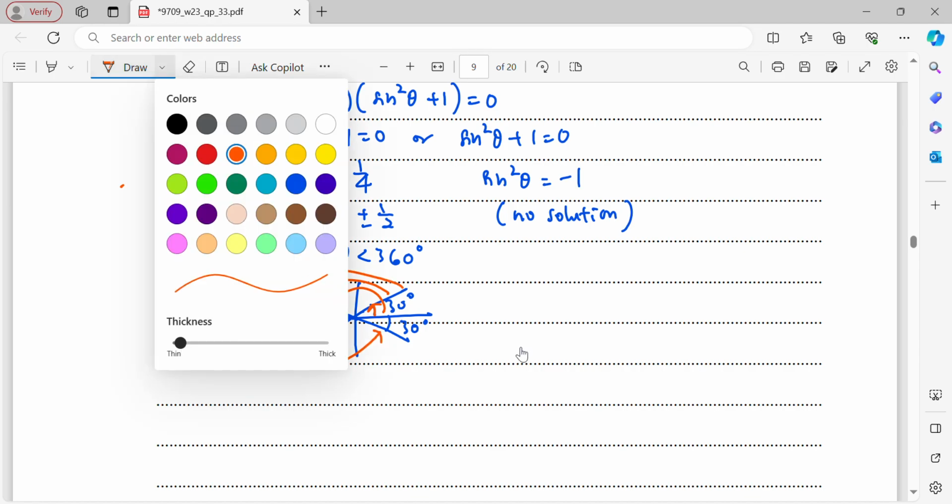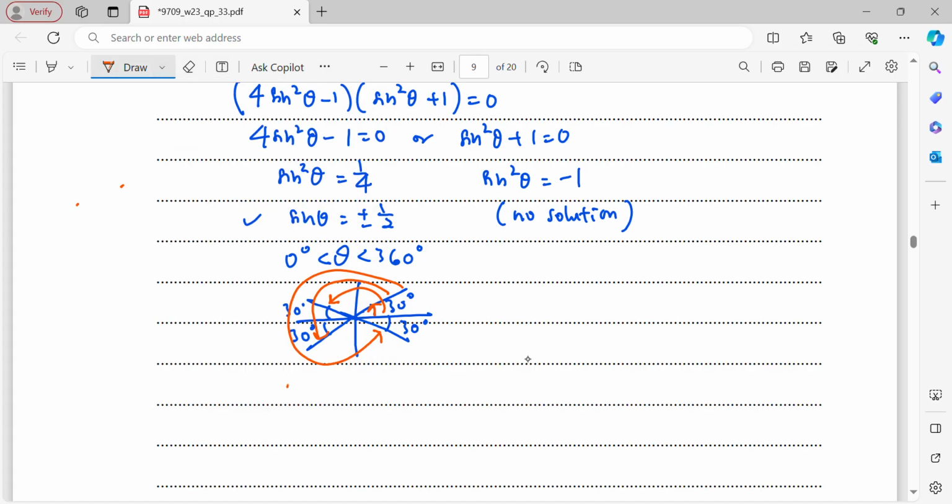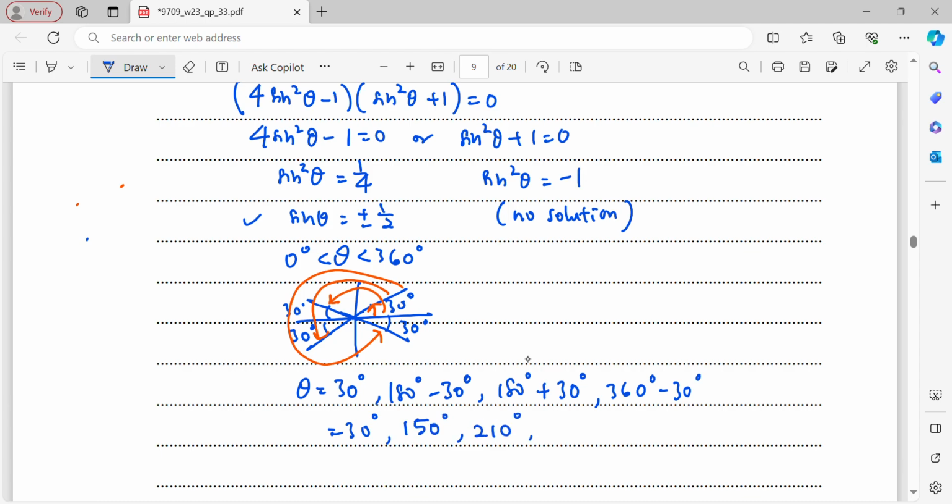So theta equals 30 degrees, which is our angle in the first quadrant. Then the second quadrant is 180 minus 30 degrees, the third quadrant is 180 plus 30 degrees, and the last quadrant is 360 degrees minus 30 degrees. So at last, you will get 30 degrees, 150 degrees, 210, and 330.